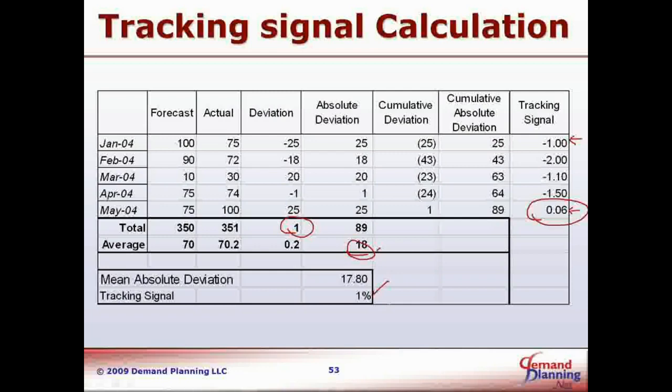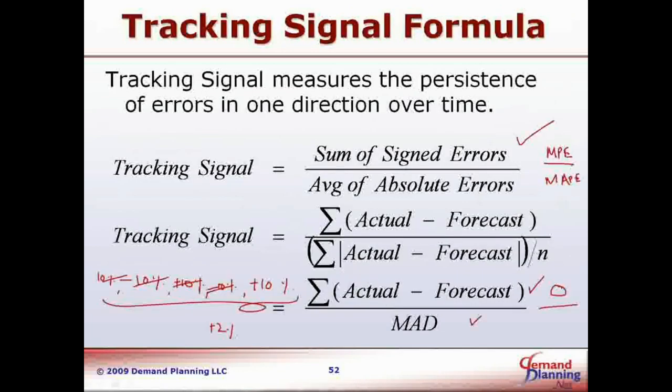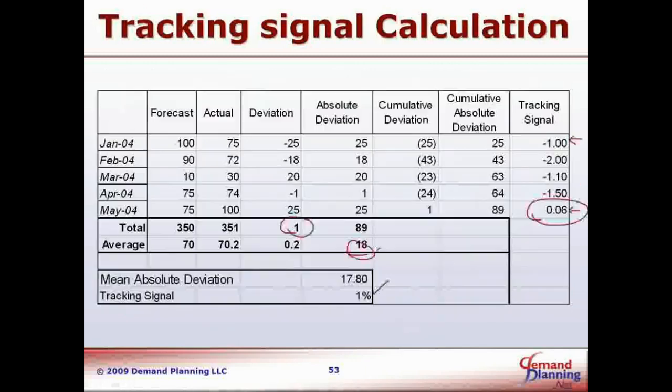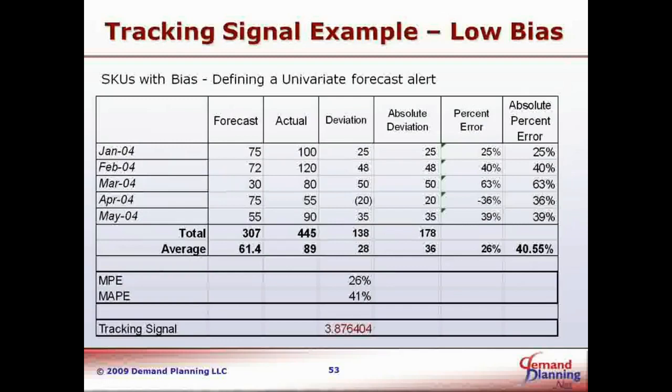It's 1 over 18. If you go back to the formula again, it's the sum of the signed deviations divided by the mean absolute deviation. 1 over 18 is actually close to 1%. So it's about 1%. Okay.